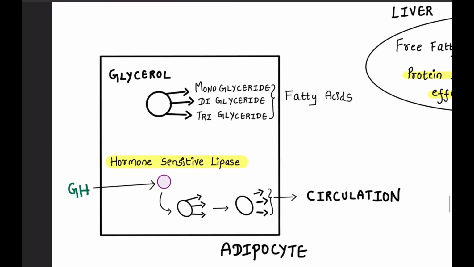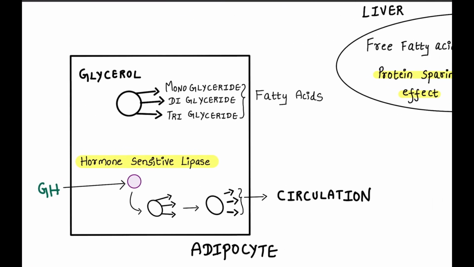So here is an adipocyte tissue cell, that is a lipid cell. Inside an adipocyte or lipid or fat, you see glycerol. In glycerol you have monoglyceride, diglyceride, triglyceride, fatty acids.